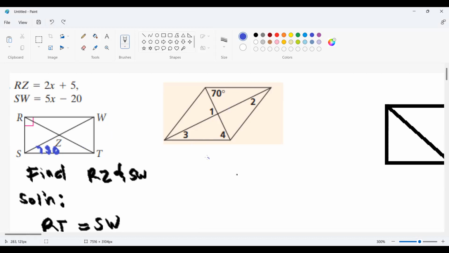For example, you're asked to find the degree measure of angle 1 in this figure. By the way, when you put the degree measure M before the angle symbol, it's not necessary anymore to write degrees. Remember that one theorem of a rhombus states that the diagonals of a rhombus are perpendicular to each other.